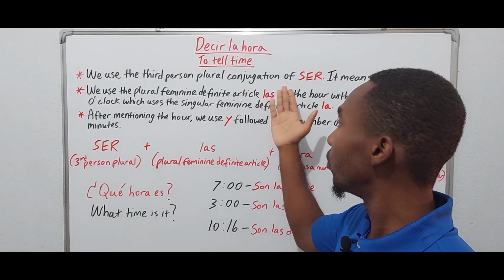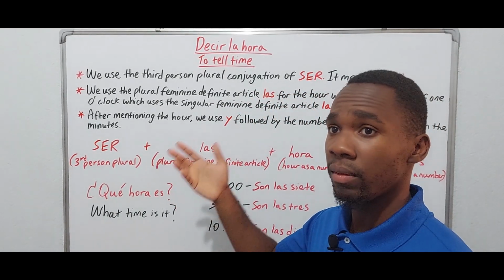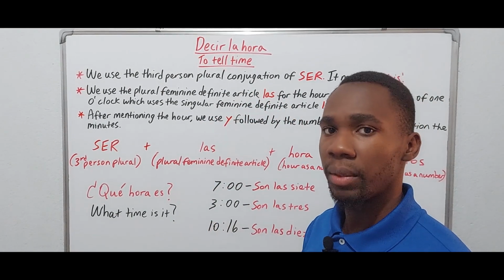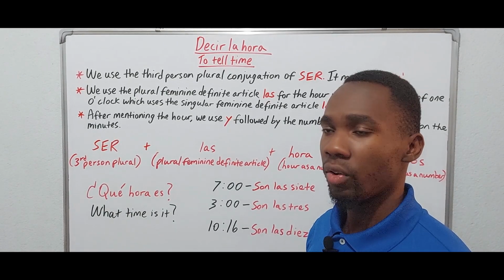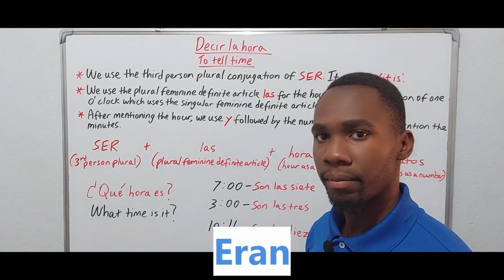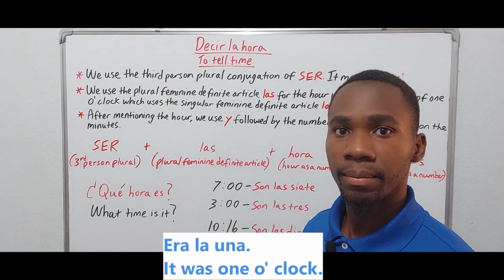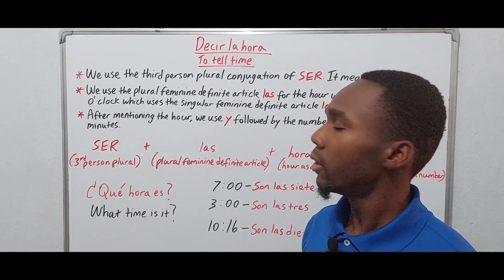So if I want to tell time in the past, then I would use ser in the imperfect, because you know the imperfect is used with time when it comes to the past, right? So in that case, it would be eran, right? Or if it's 1 o'clock, it would be era la una. So you can use different tenses, of course, right?